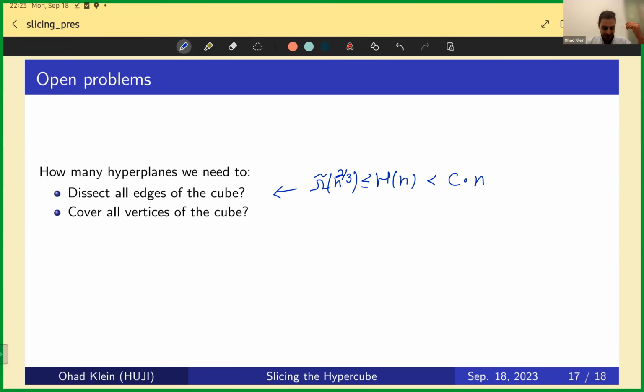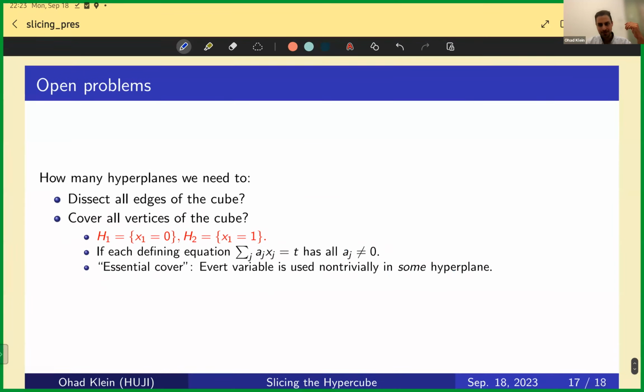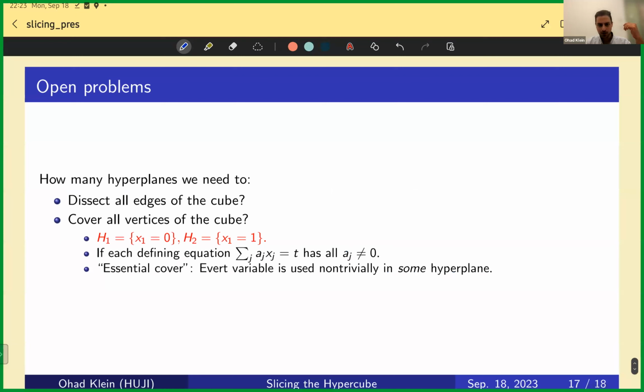Now, this problem is actually not very interesting. We can have two hyperplanes to do that, but there are modifications to this problem which make sense. For example, if the hyperplanes must be complex enough, that is, if each hyperplane must use all the coordinates in order to be defined, then this problem becomes interesting again.